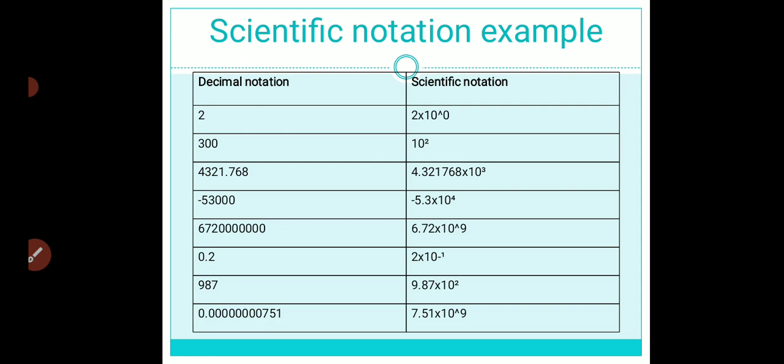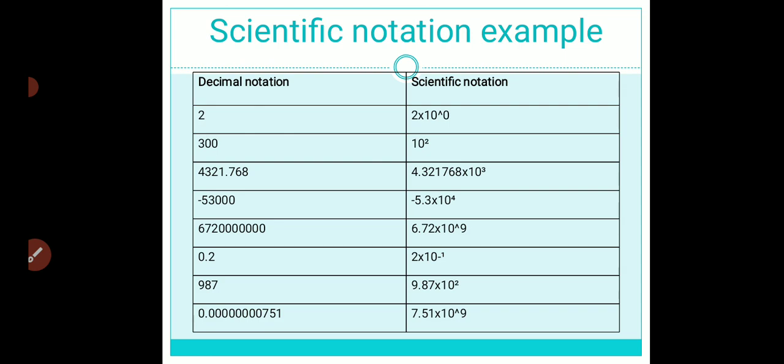If the decimal notation is negative 5300, the scientific notation is negative 5.3 times 10 to the power of 3. If the decimal notation is 672,000,000, the scientific notation is 6.72 times 10 to the power of 8.